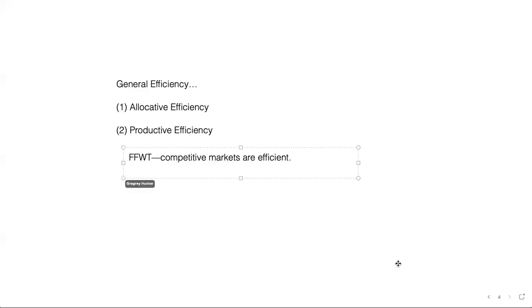And we want to be able to demonstrate this using our simple linear models, okay?